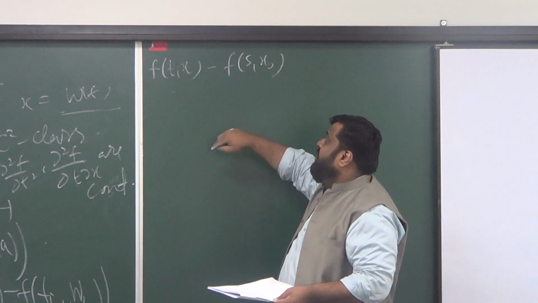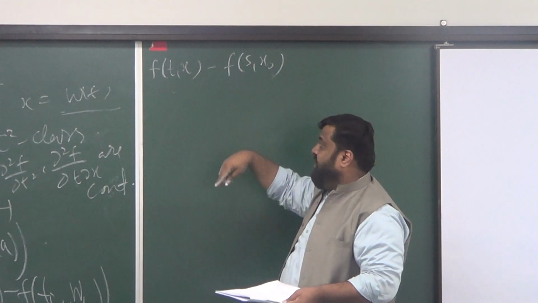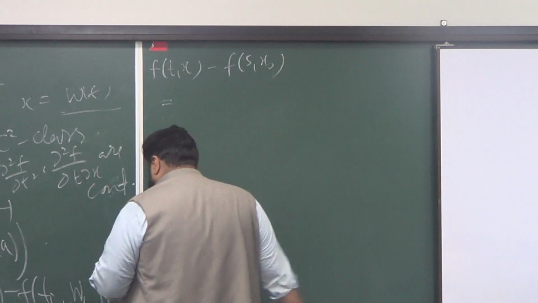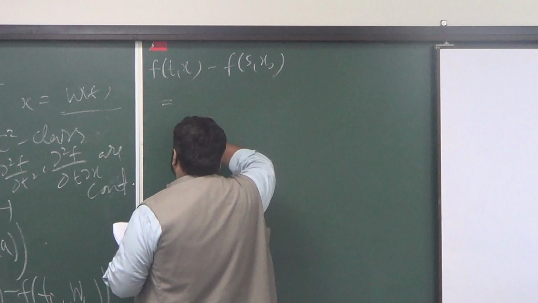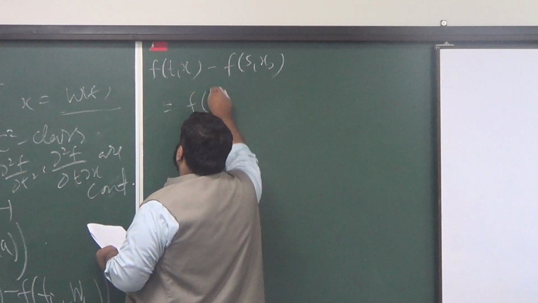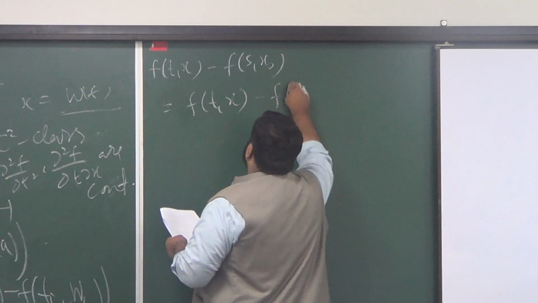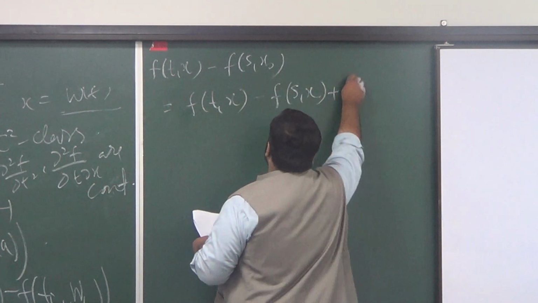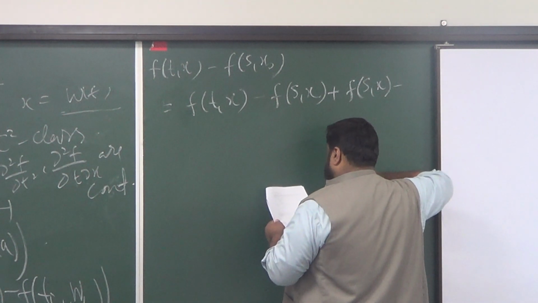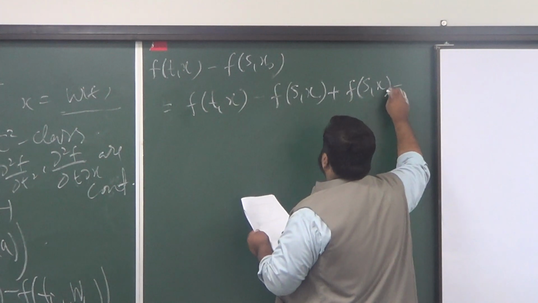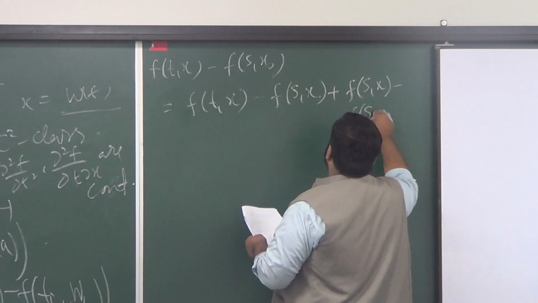This point is a deviation from the point (s, x naught). Then this is going to look like, playing another trick: f of (t, x) minus f of (s, x) plus f of (s, x) minus f of (s, x naught).